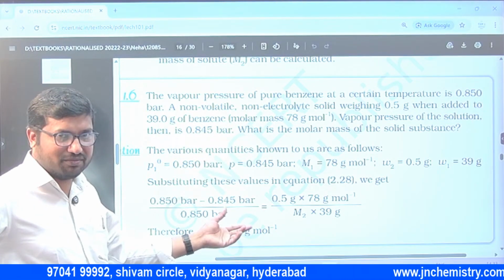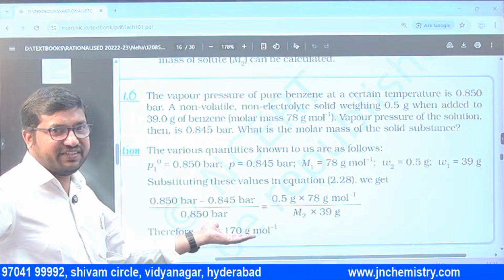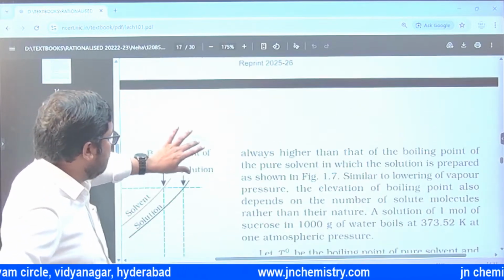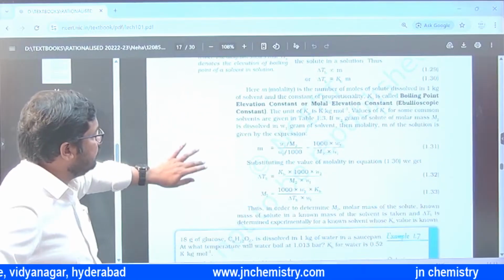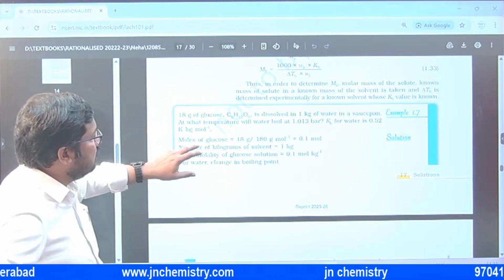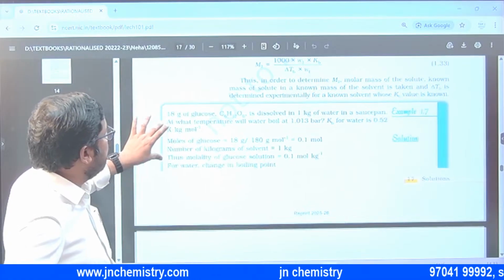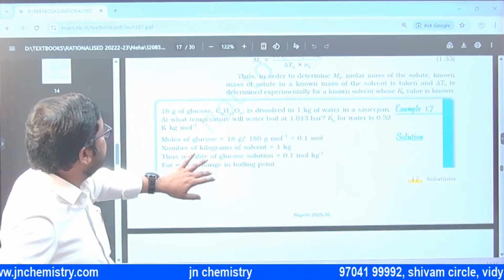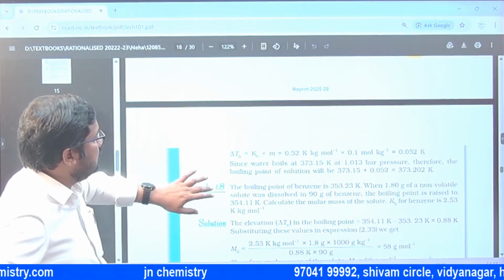So now we can easily solve it, right? For example, just see the question. In this case, Kb. At what temperature will it boil? Directly, an easy question.